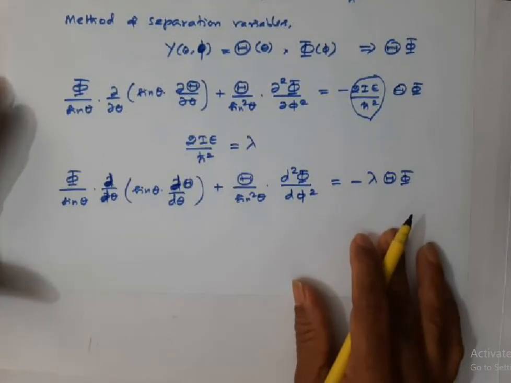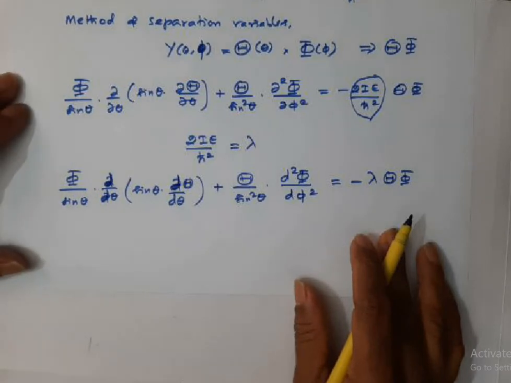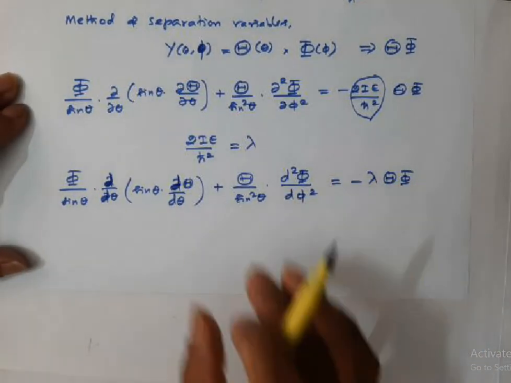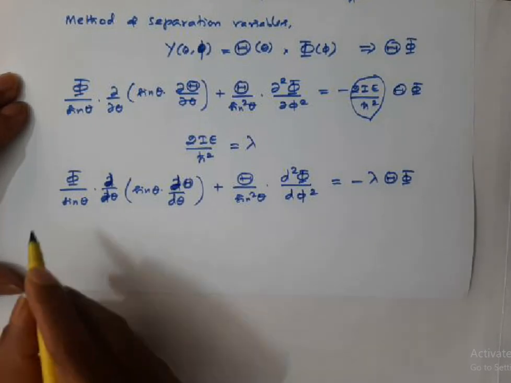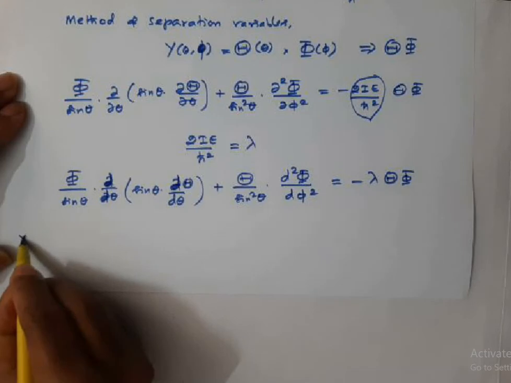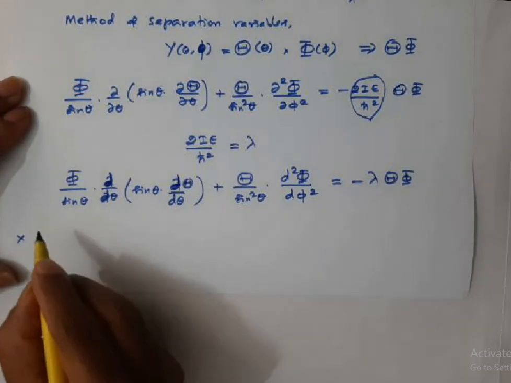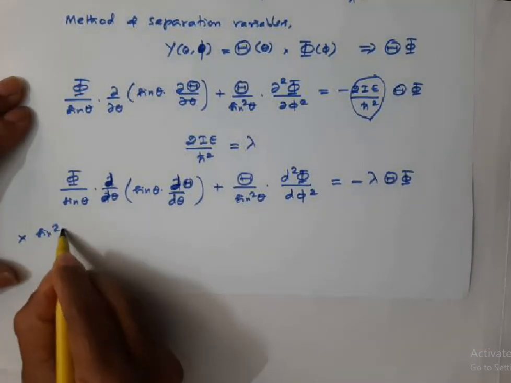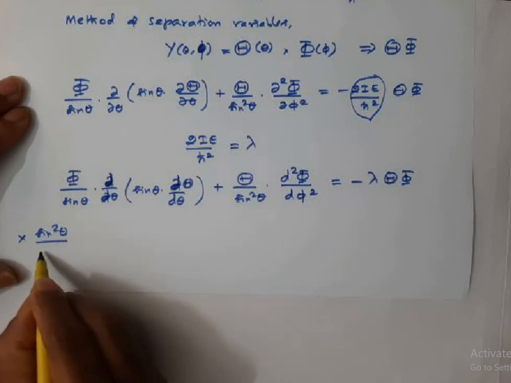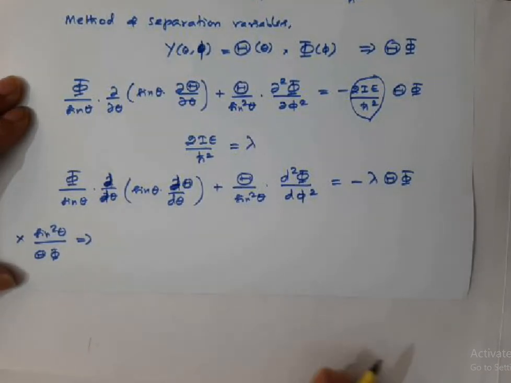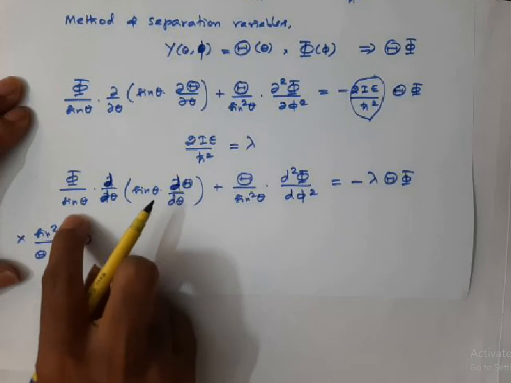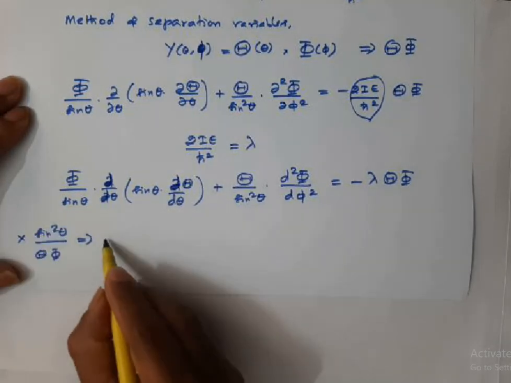Before that, let me do one more thing. I'm going to multiply throughout the equation by sine square theta and divide throughout the equation by big Theta and big Phi. What will happen here? Phi cancels, and sine theta with sine square theta gives 1 sine theta.